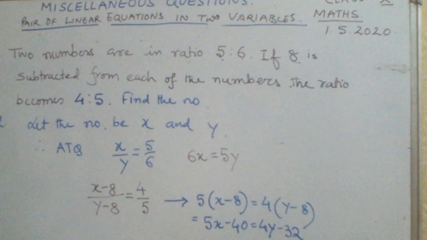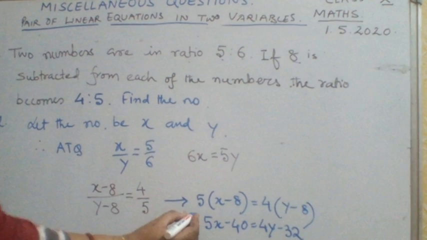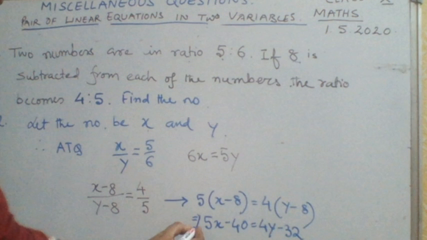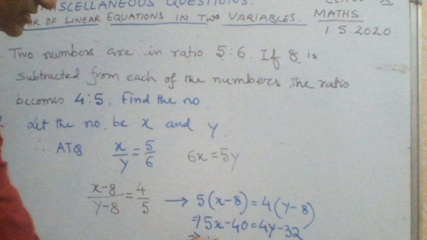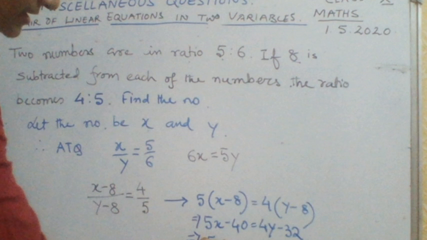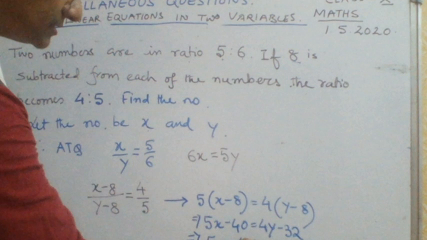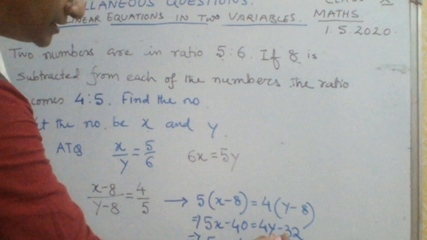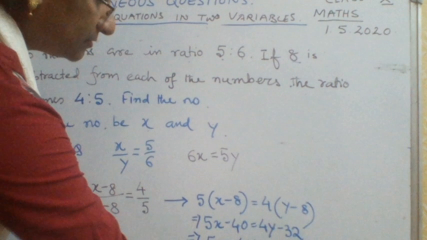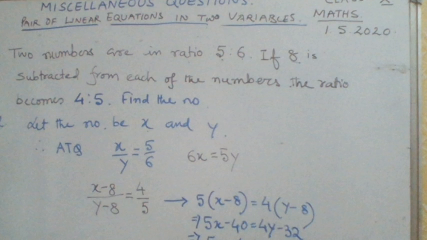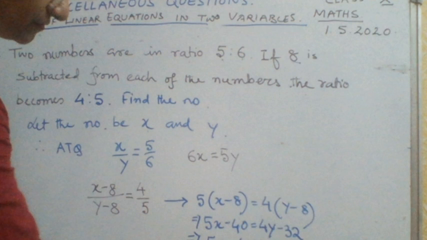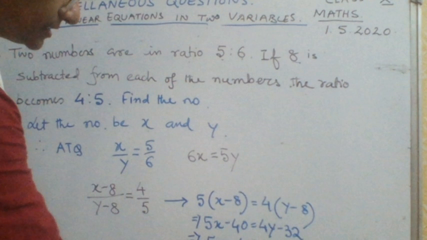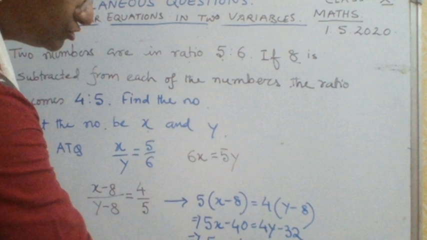Now bring 4y to this side: 5x minus 4y is equal to minus 32 plus 40. So this gives you 5x minus 4y equal to 8.